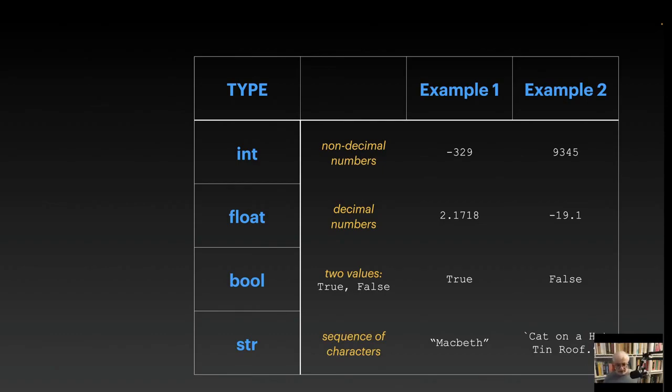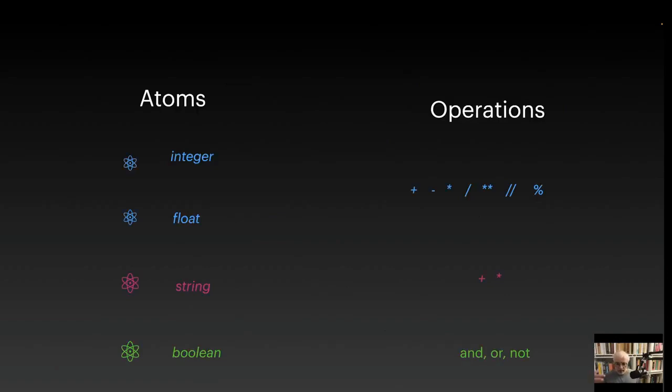Okay, so those are the four primary primitive objects in Python. I refer to them as atoms. And then we saw that we can perform a variety of operations on those atoms. An initial working definition of a computation is an operation on data, where at the beginning we have these four data types: numbers, two classes, integer and float; character in the string data type; and then we have also boolean.